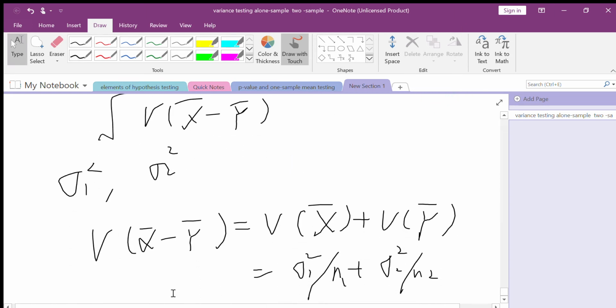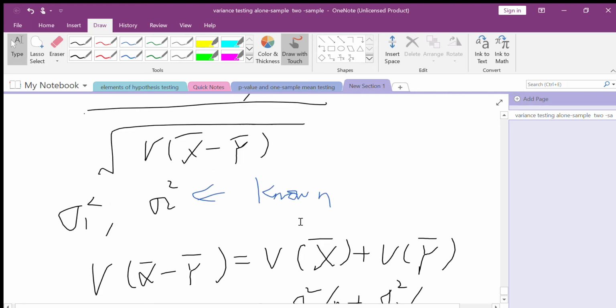So in our testing problem we don't know these, but suppose they are known, then we can calculate this quantity.